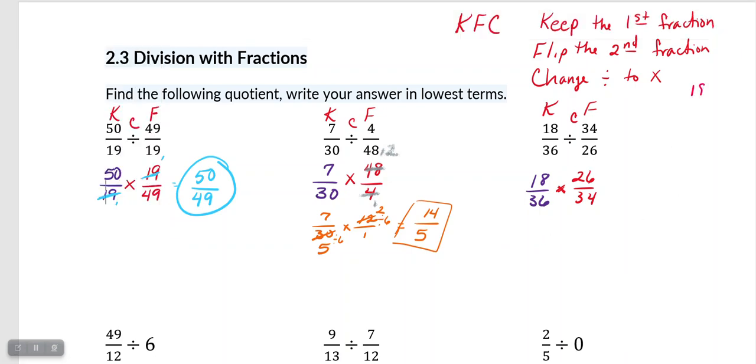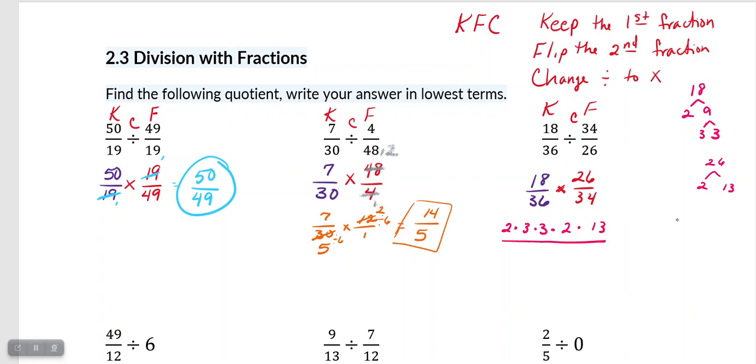So if I break 18 down to primes, 18 is 2 and 9, 9 becomes 3 and 3, so I have 2 times 3 times 3. 26 is 2 and 13, those are both prime.